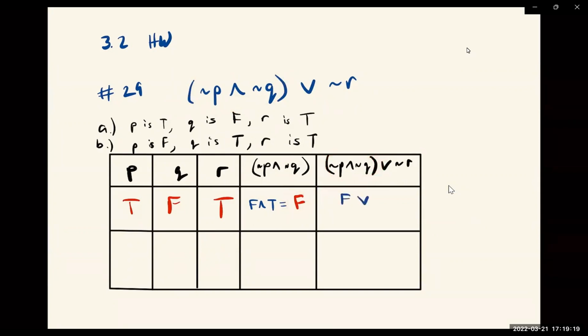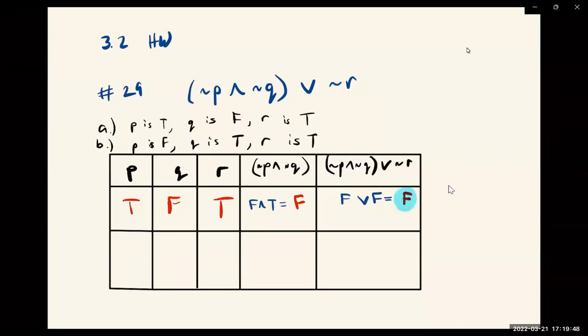Then here it says or not R. Not R would be the opposite of T, which is F. All right. And so the final result for the entire thing would be false or false, which is false, right? Yeah, because at least one of them has to be true. So the final answer would have been false.